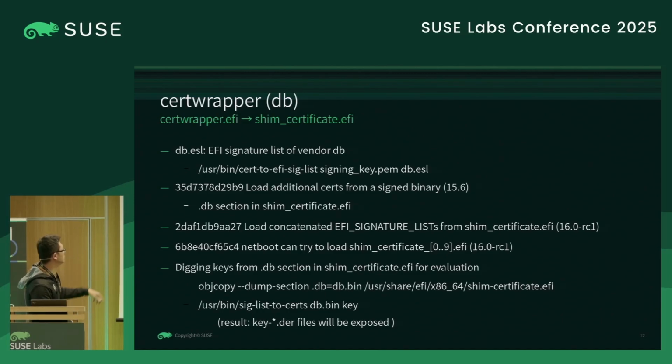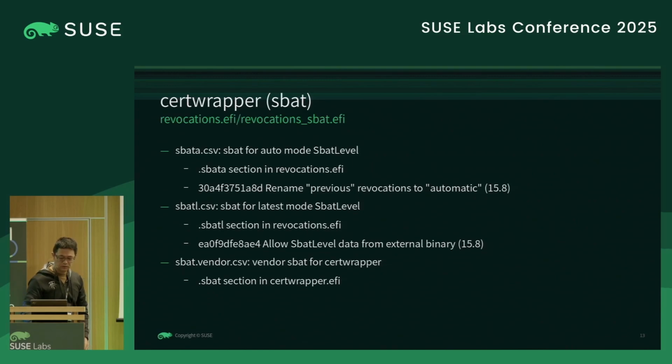The DB will be put in the .db section in the binary, and we can simply use objdump to dump the DB block and use the signature list to certificate tool to dump those keys. The format follows the EFI spec. The EFI signature list is a container of the keys.